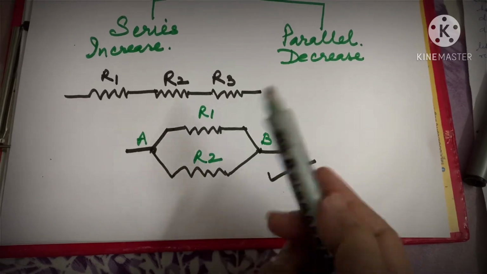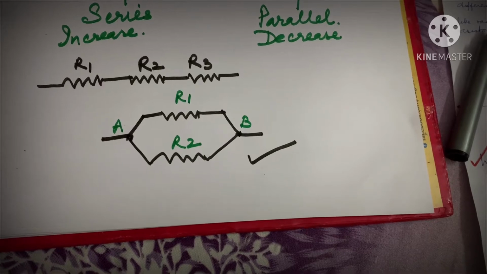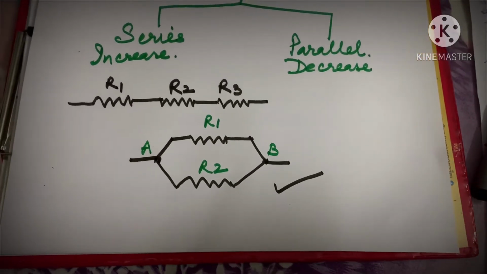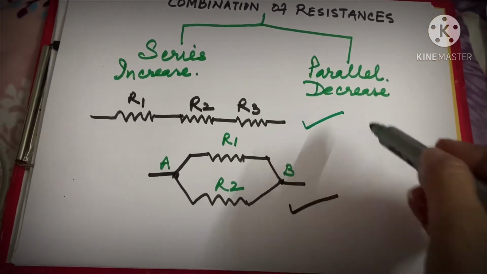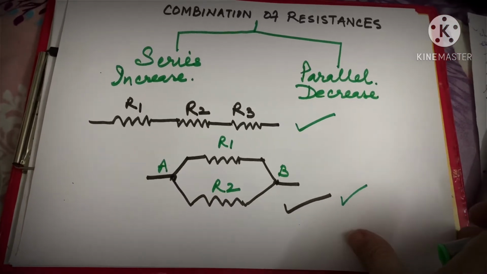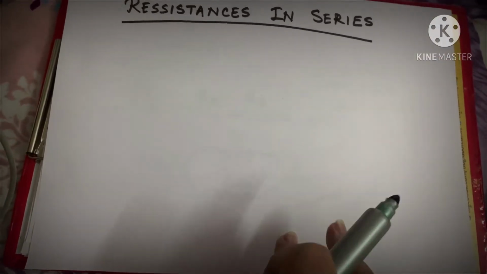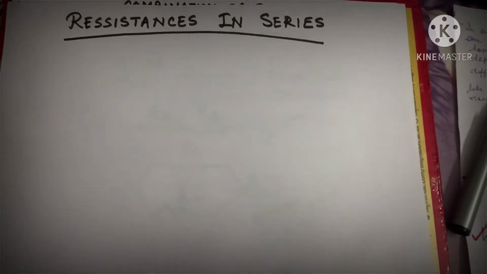We can, however, connect any number of resistances in these two arrangements, I mean in series and in parallel arrangement. Now let us study in detail the resistances in series.